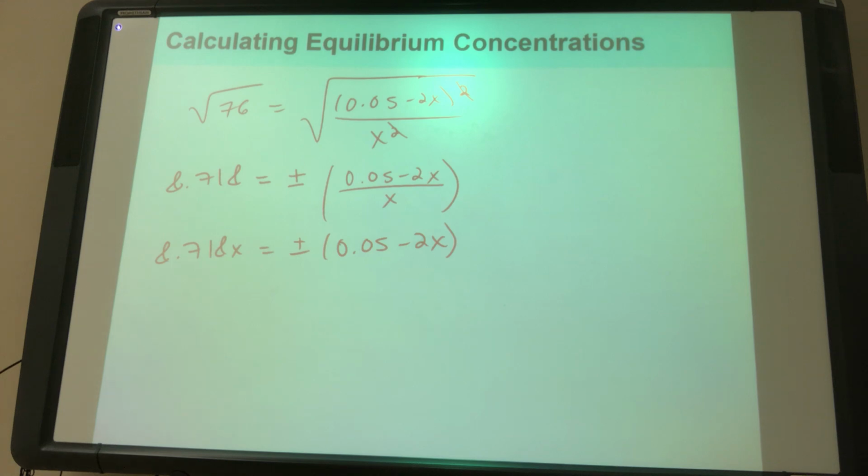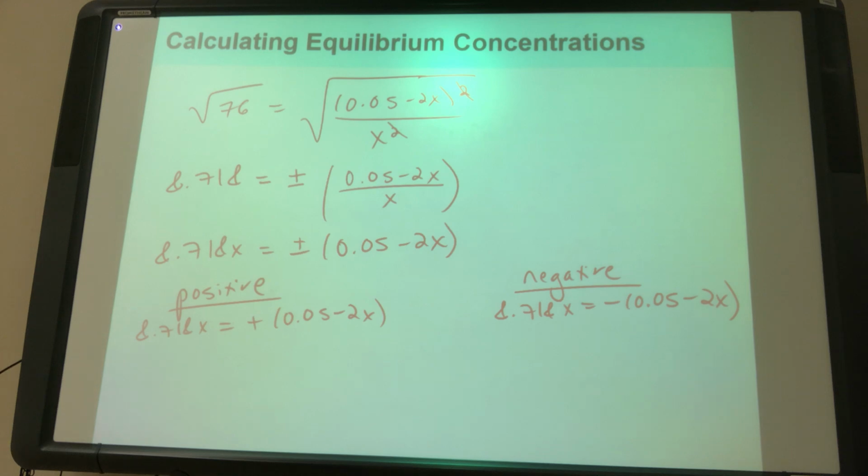Okay, so now we need to say, is this going to be a positive symbol or is it going to be a negative? All right, so let's say 8.718x is equal to a positive 0.05 minus 2x, or 8.718x is equal to a negative 0.05 minus 2x. So we need to distribute it out.